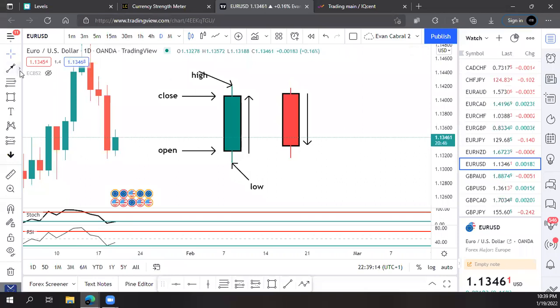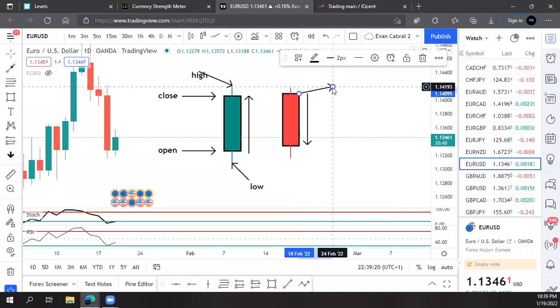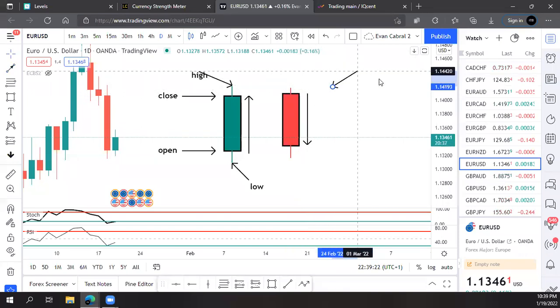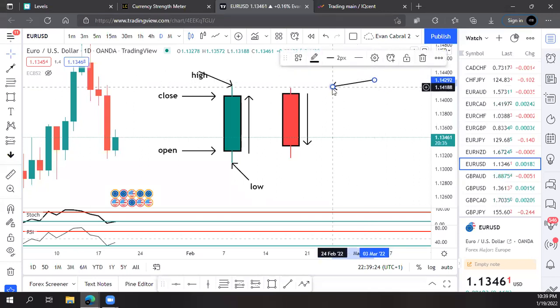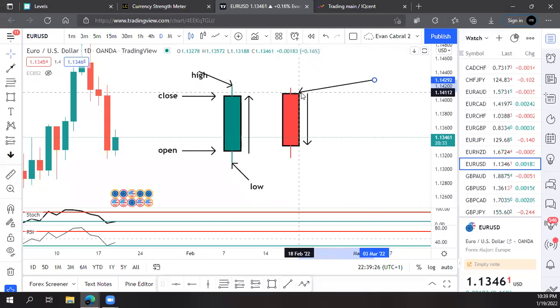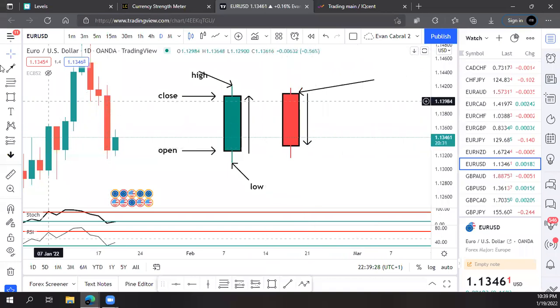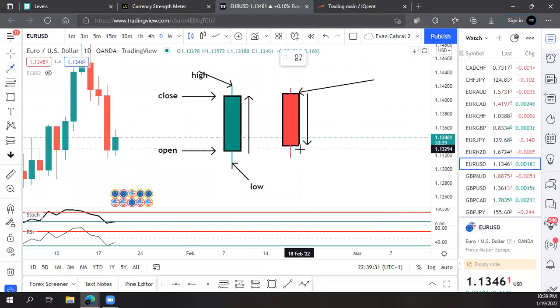So for the sell, we're going to have our open at the very top. So this is the open. Now we have the close where? We have the close over here, this flat bottom.